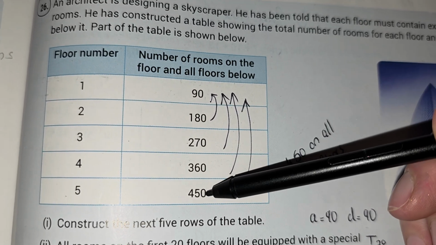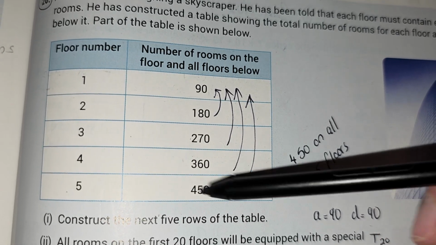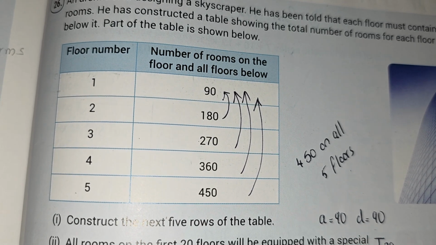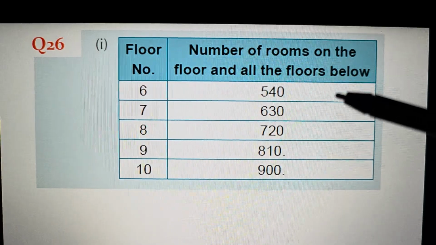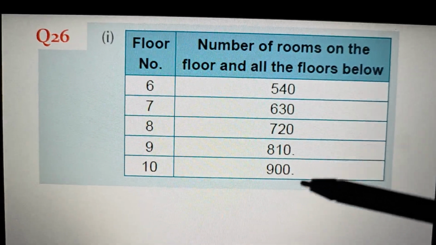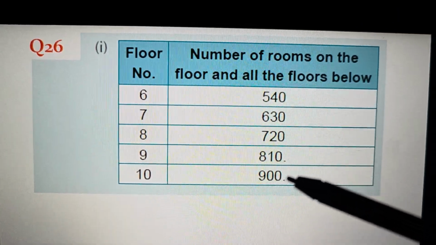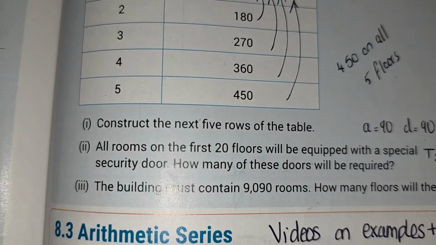And lastly, 450 take away 360 gives you another 90 rooms on floor 5. Construct the next 5 rows of the table. You're just going to be adding on 90. So 540, 630, 720, 810 and 900. By the time you get to the 10th floor of the skyscraper, there are 900 rooms in the building up as far as the 10th floor.